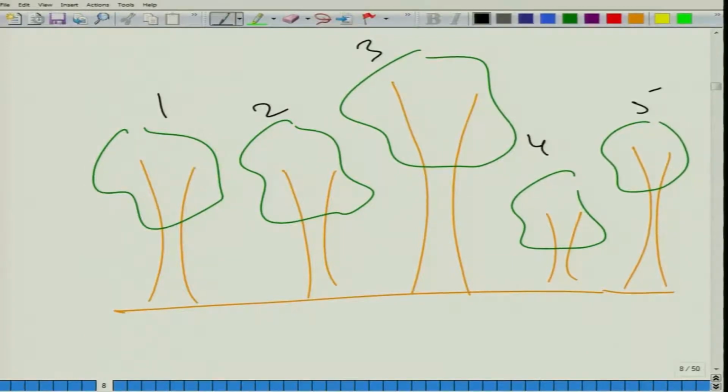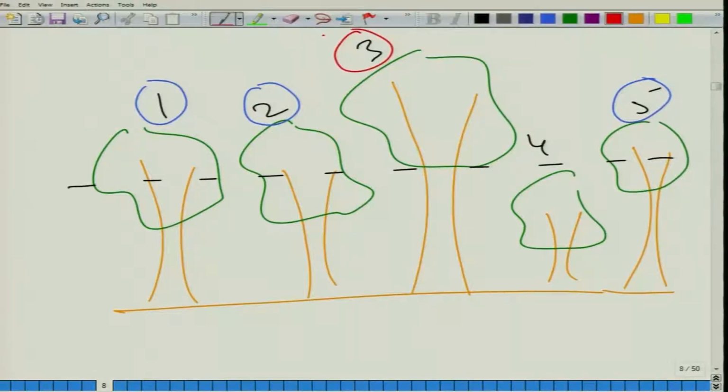If we figured out the average height or the typical height, it would be somewhere like this. So, we can say that tree number 1, tree number 2 and tree number 5 are the typical trees, whereas tree number 3 will not be selected for making our volume table because it has a greater height. Tree number 4 will also not be selected because it has a very small height. So, our trees have to be typical in height.